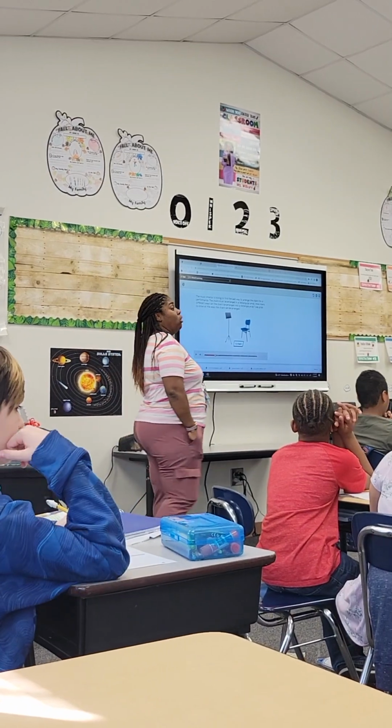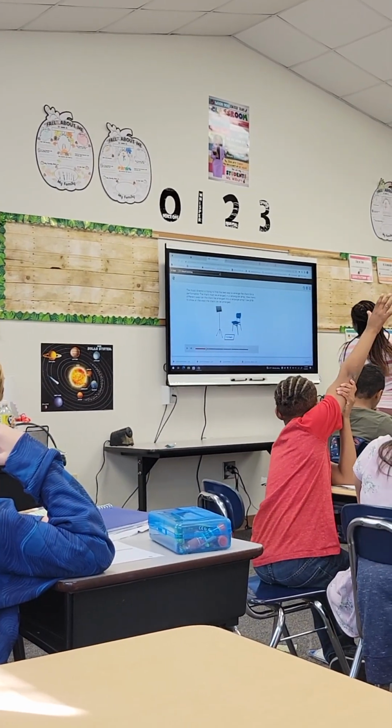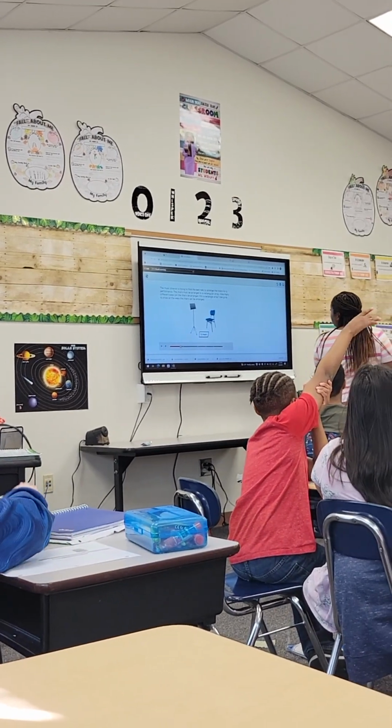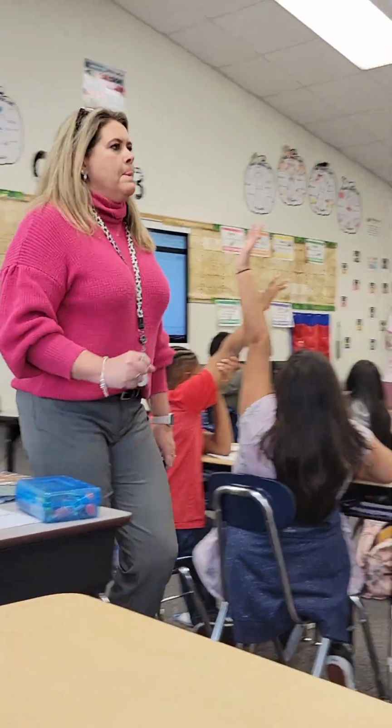Okay. Instead of using the grid first, tell me, what ways can the chairs be arranged? 12. 12 is our base number. What are our factors of 12?